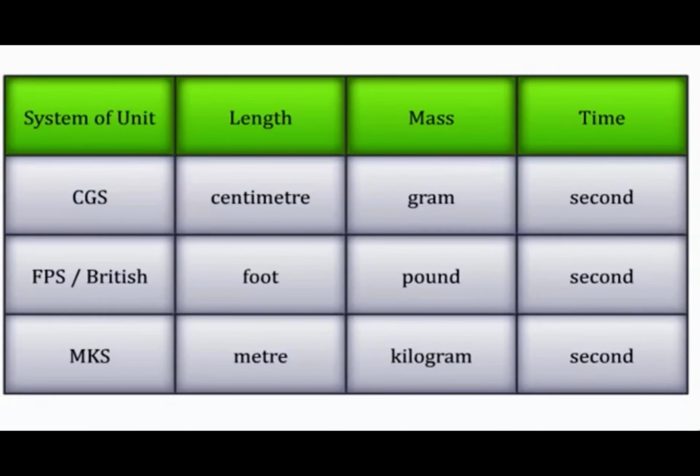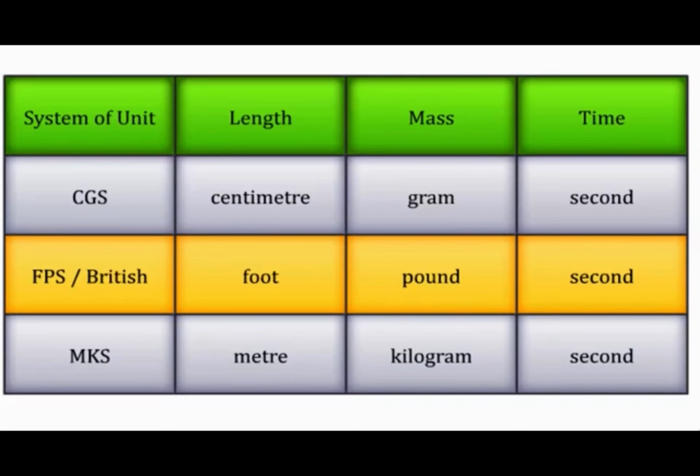Until recently, three major systems of units were in use in different countries, based on the units of three fundamental quantities, namely length, mass, and time. Among these were the CGS system, which stands for centimeter, gram, second, and FPS, which stands for foot, pound, second, respectively.